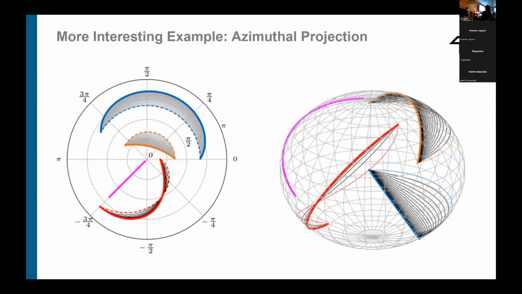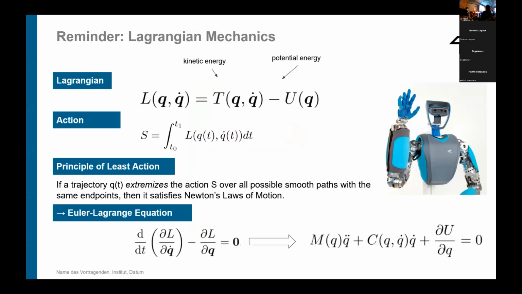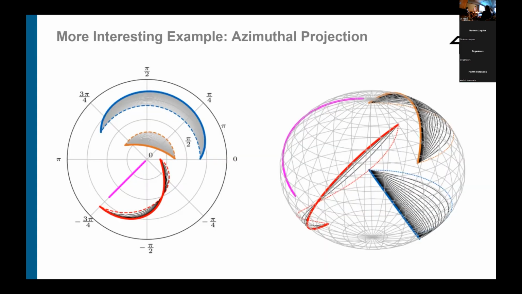And here are some examples of these. So let's first look at the pink one here. I started with the pink one and it converged immediately. So this was already a geodesic, which makes sense because it's a longitude, right? So it's part of a great circle, so it's a geodesic already. Here again, each time the dashed lines are the initial string that I just set.